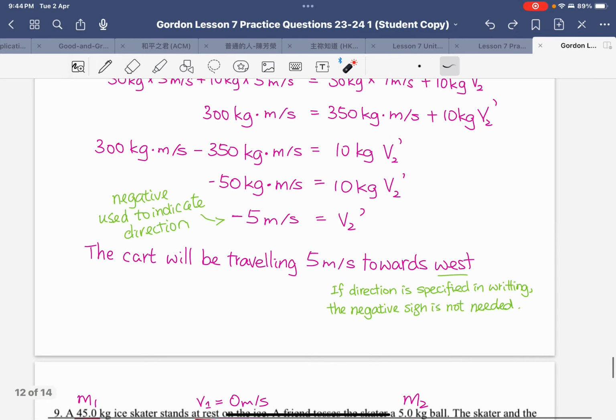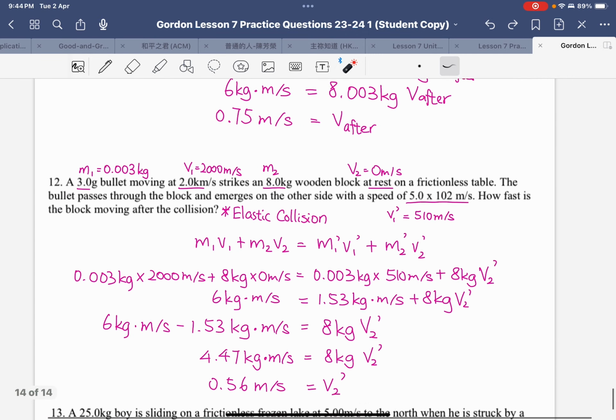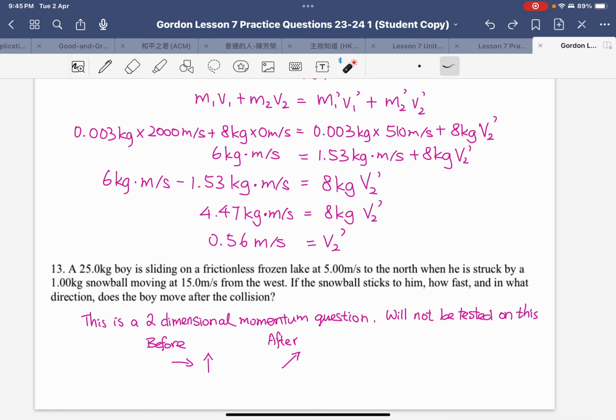The last question in this practice set involves a two-dimensional momentum question. What we've been doing so far is only one directional, so that means it's either positive or negative. This time, what you have is an object traveling this way being collided by an object traveling this way. And what you'll have after the collision is this, because you're actually combining the direction of these two objects.